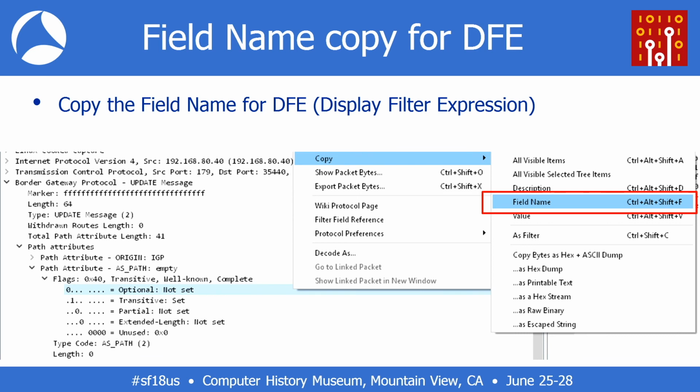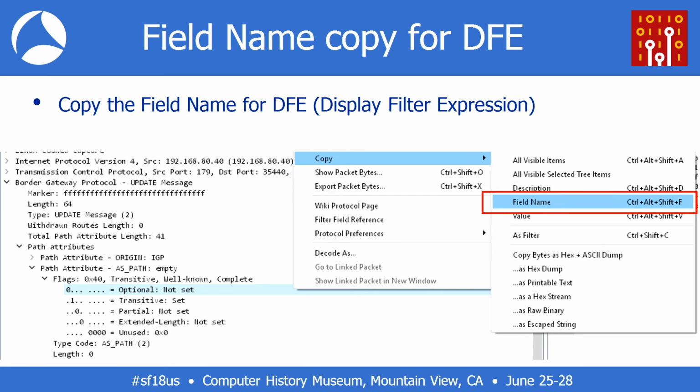Another thing I use very often in Wireshark is a display filter expression. Gerald mentioned in the keynote this morning how many fields Wireshark has right now: 185K fields. I know some of these fields, but not so many. And for BGP, there are a lot of fields. The most important thing is, when you go into the dissection in Wireshark, go here to Copy and Field Name.